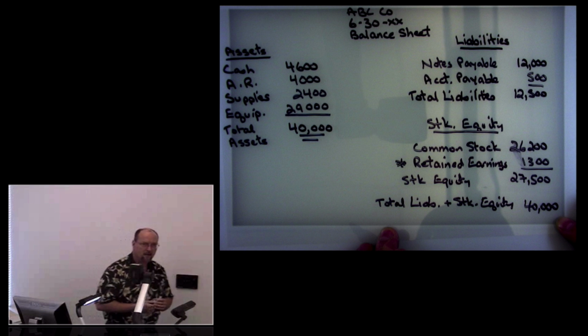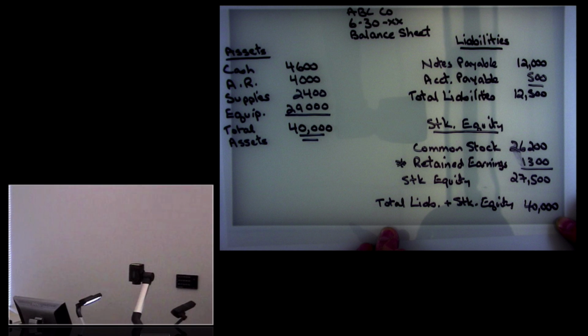Okay. Now, I'm going to come over here to the whiteboard. And we have all three financial statements now together. We prepare the income statement first. Revenues, and if we had more than one revenue account, we would simply put service revenue, sales revenue, interest revenue, put our revenues together. Then I'd put total revenue.